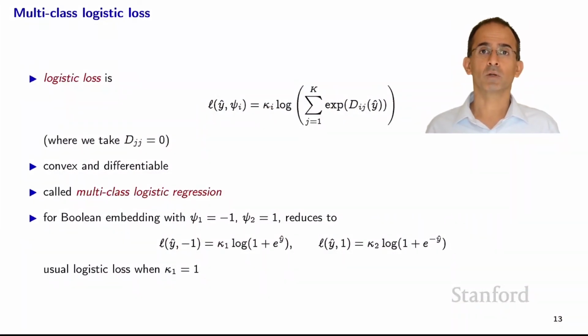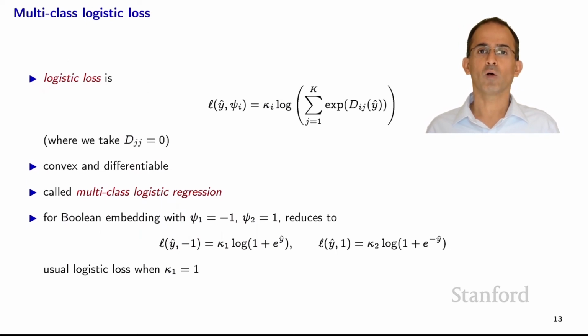Here's the other most common loss function, the multiclass logistic loss. So this is the following. This is the log of the sum of the e to the dij's.